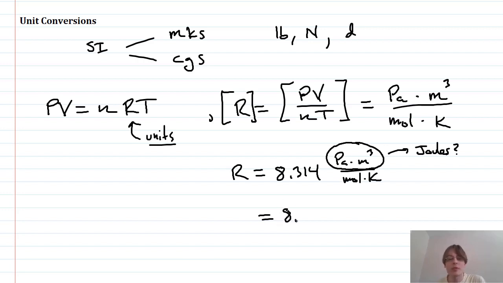So I take 8.314, and then I have pascals times cubic meters over moles times kelvins. And then I have to multiply it by the right conversion factors. So 1 pascal is just a tiny fraction of an atmosphere of pressure. Or in other words, atmospheric pressure is actually very large.